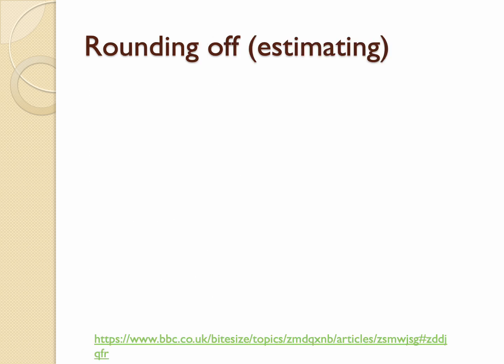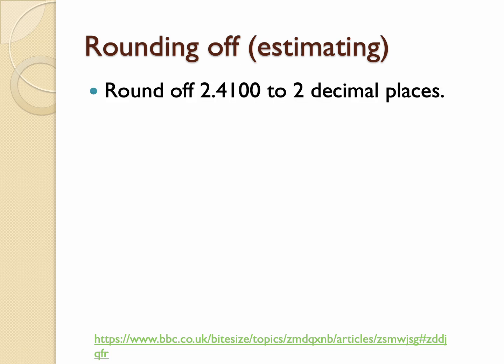And now we come to another very important concept, that is rounding off numbers. And this is important because sometimes we have to estimate quantities, and it is useful to round the numbers off because the numbers become smaller and are more convenient to discuss. For example, let's round off 2.4100 to 2 decimal places.